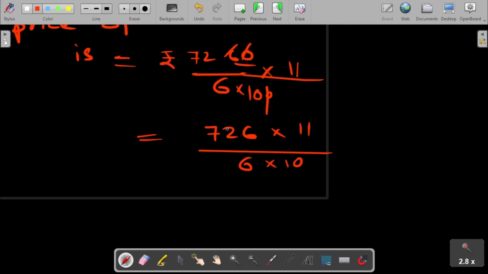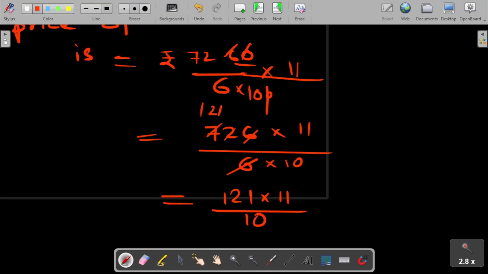If I divide, 726 divided by 6 is 121. So this becomes 121 multiplied by 11 and divided by 10.